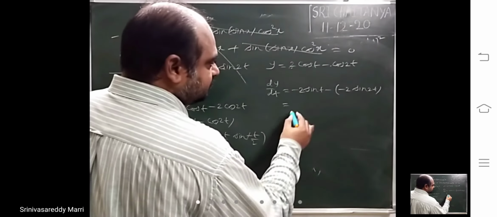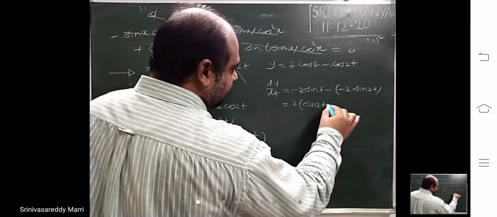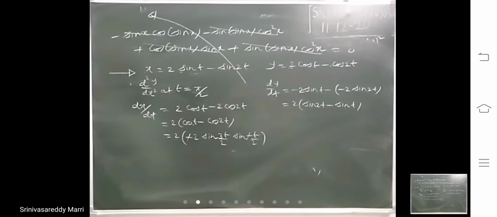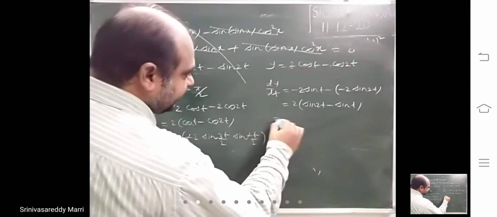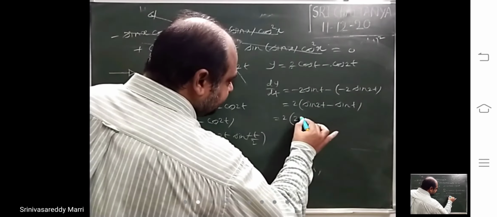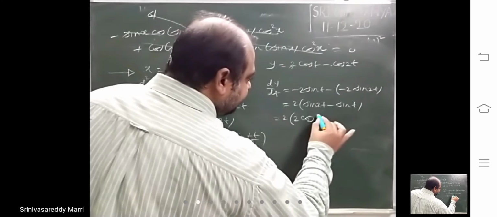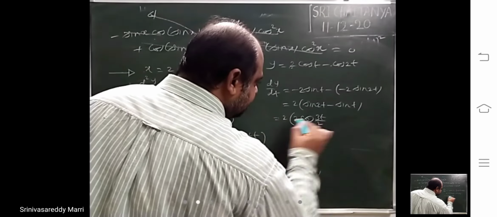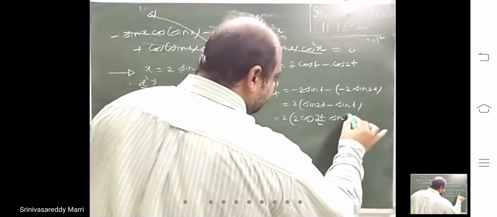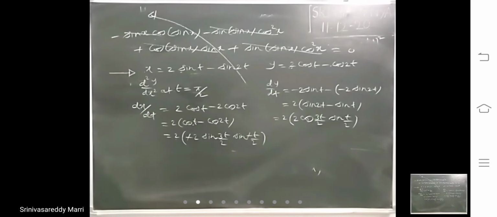If you take 2 common, sin c minus sin d formula gives 2 into 2 cos (2t plus 3t by 2... ) by 2, sin (c minus d) by 2. That means you get dy by dt.